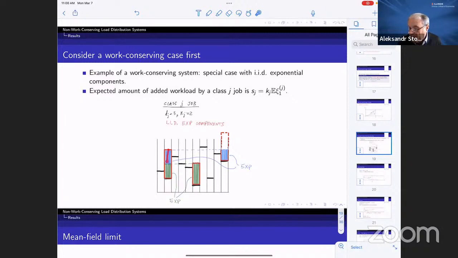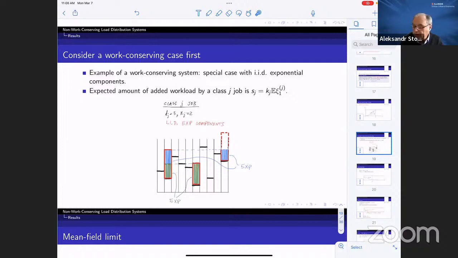Okay, so this is the explanation. If you have 3 components with IID exponential sizes, then the total amount of workload, like here plus here, until you have the first completion will be exponential, with the same mean as the component size.